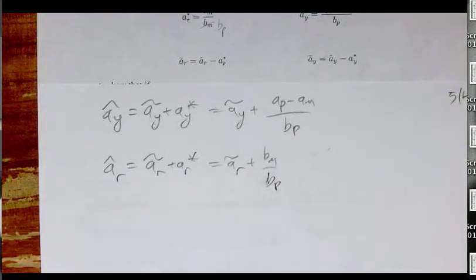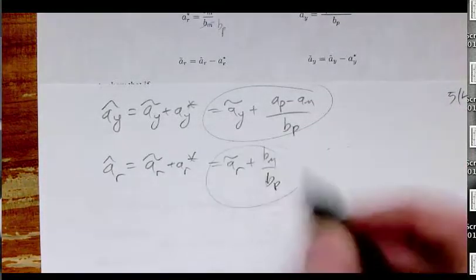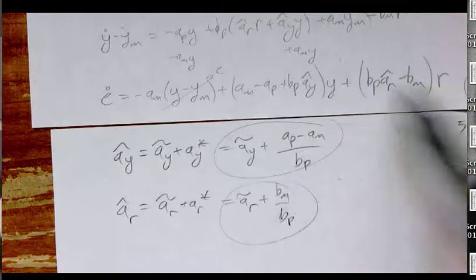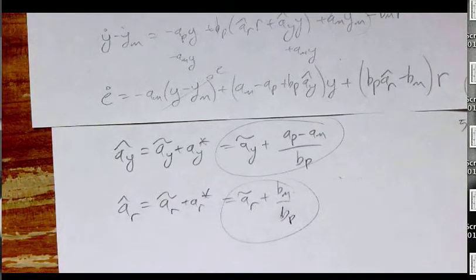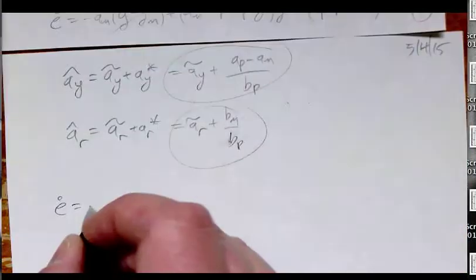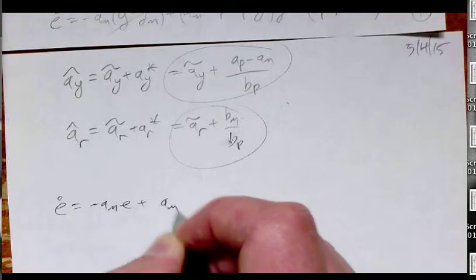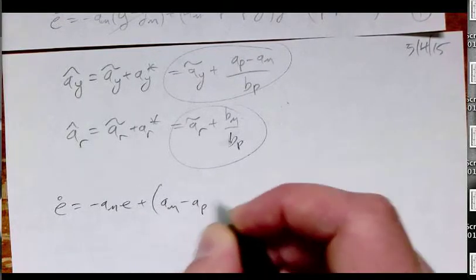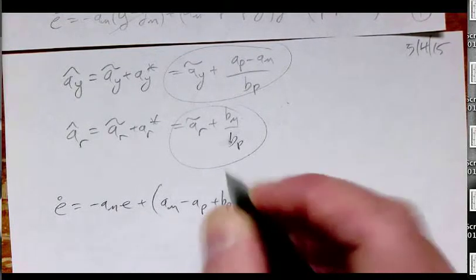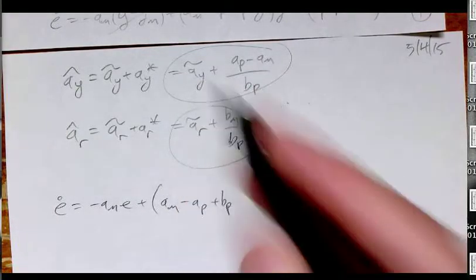So let's take those two expressions and substitute them in here and here and see what we're left with. So E dot, sorry, let me slide that up, is a negative AM E, which is what we want, plus AM minus AP plus BP times this thing.